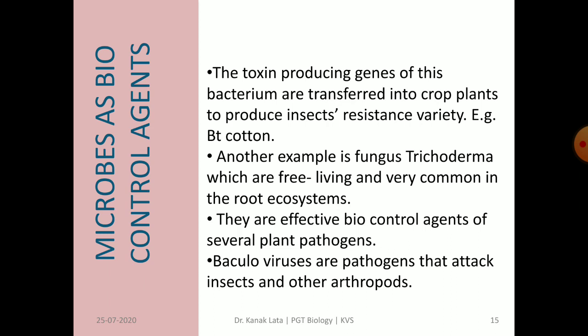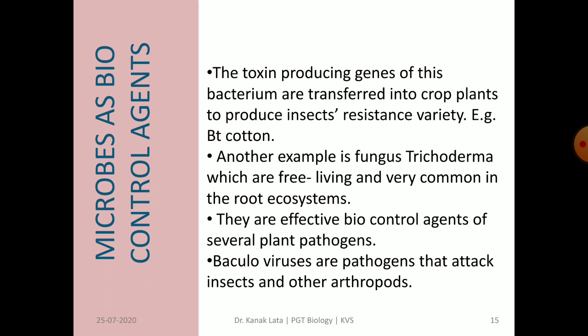Example, BT cotton. BT cotton means Bacillus thuringiensis cotton. BT brinjal, BT maize, like that. There are so many BT crops. Later on, in the next chapter, we will read about it in detail.